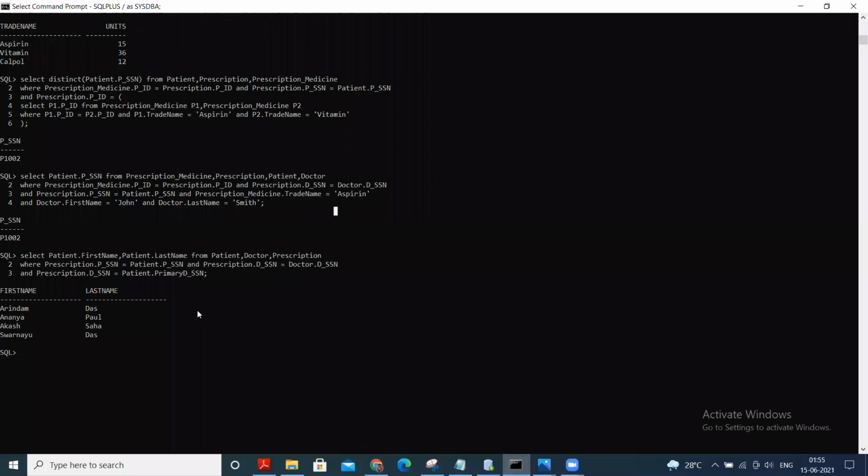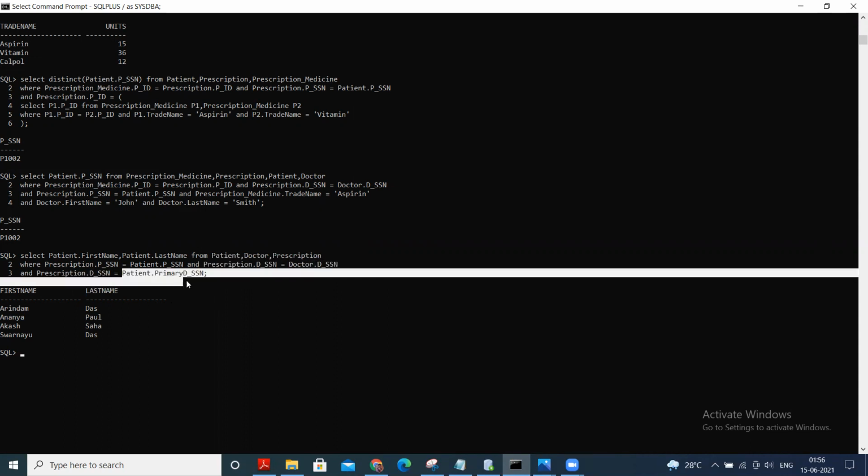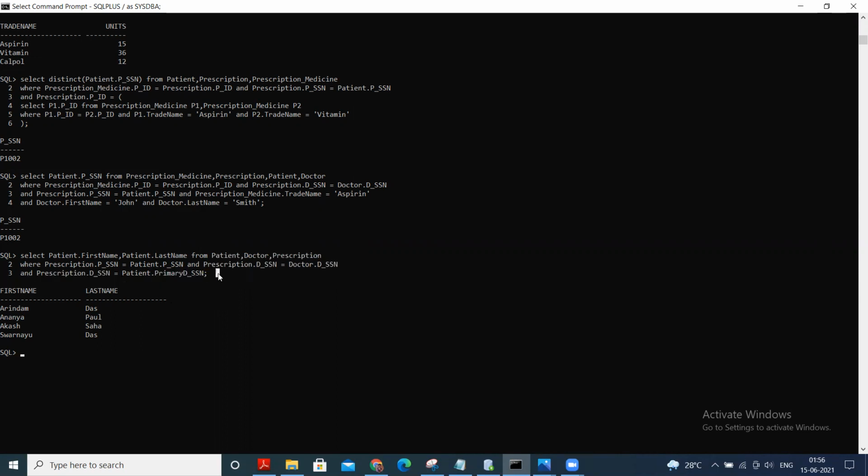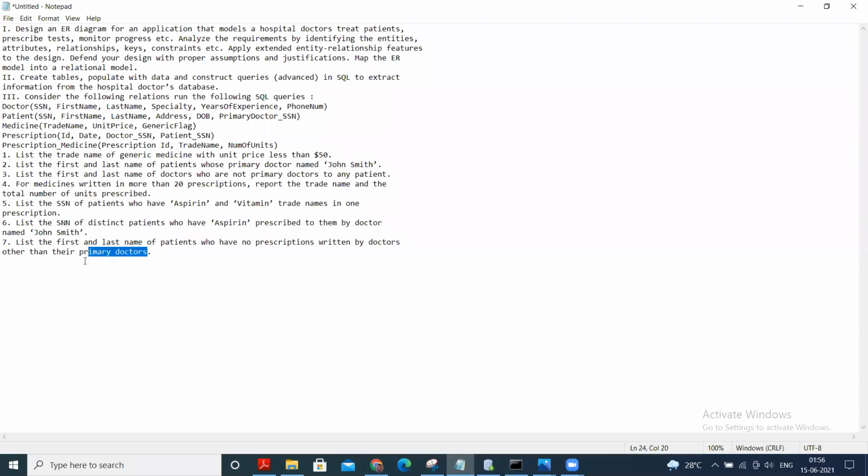Okay. So select patient dot first name, comma patient dot last name, means we have to know the first name and last name only from the patient, doctor, prescription, where prescription.pssn is equal to patient.pssn and then prescription.dssn is equal to doctor.dssn and prescription.dssn is equal to patient.primary DSSN, means for the primary doctors, as given in the question.